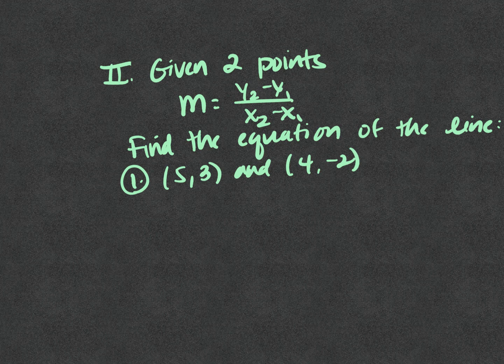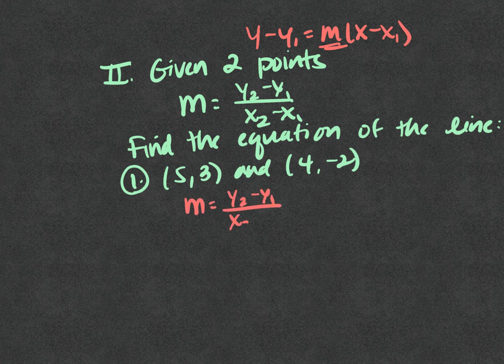So in this case, we are not given a slope. But if we go back to that point slope formula, which we're going to use, we'd say y minus y1 equals m times x minus x1. We have to have a slope. You have to have a slope to find the equation of the line. But we can find the slope easily. We use our slope formula, y2 minus y1 over x2 minus x1.